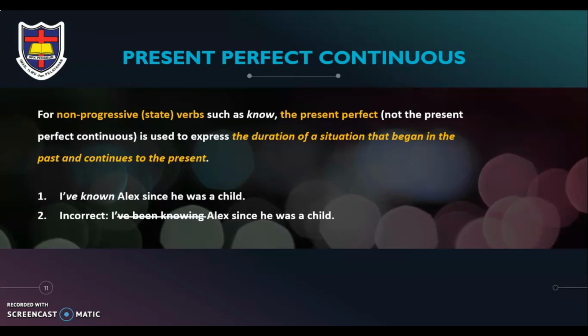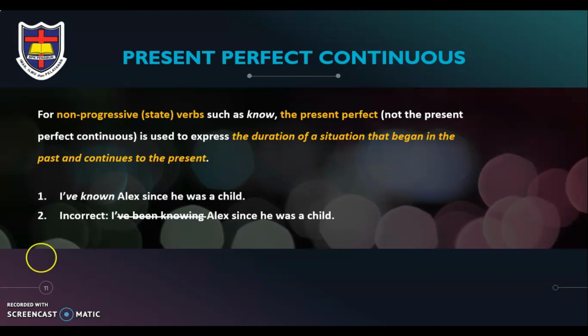See? Now, next line. For non-progressive state verbs such as know, remember, when we talk about continuous, we have to be careful with 2 kinds of verbs, state and action. State verbs are related to someone's feeling, you cannot see the movement. So state verbs cannot be changed into verb in -ing. But for action verbs, for an activity or a verb where you can see the movement, eat, speak, run, write, and others, you can change them into verb in -ing.